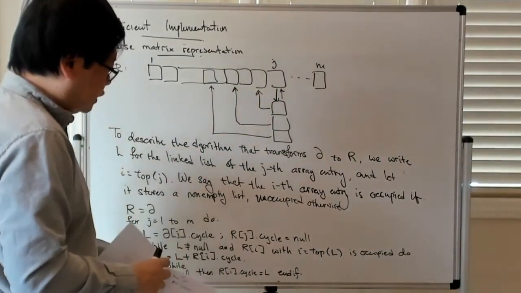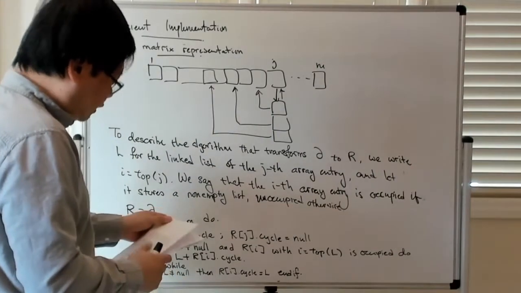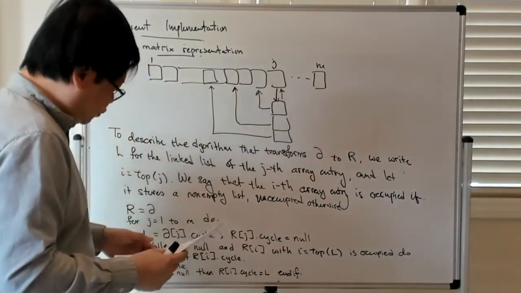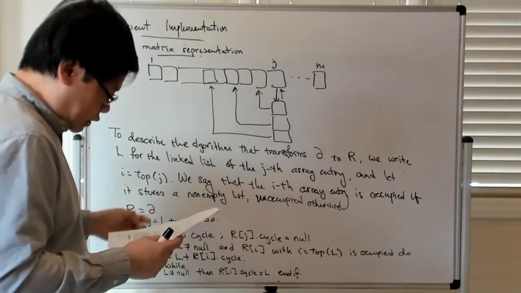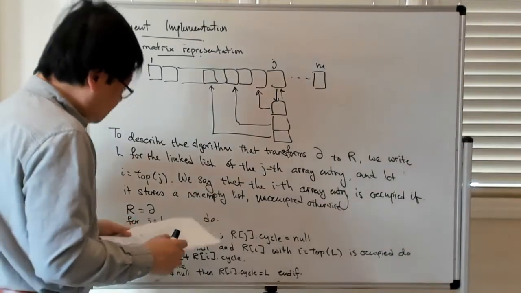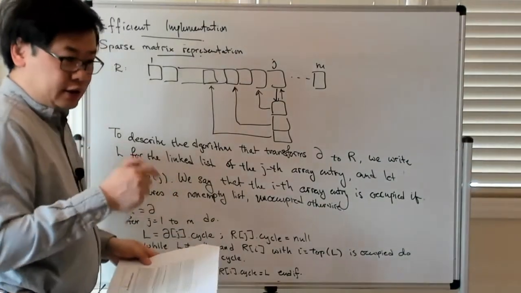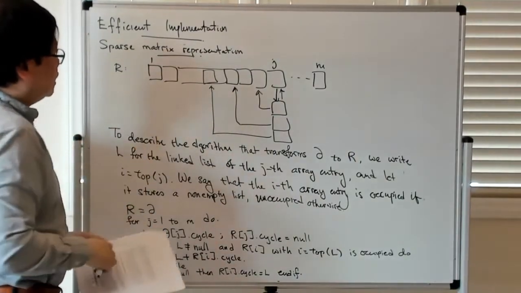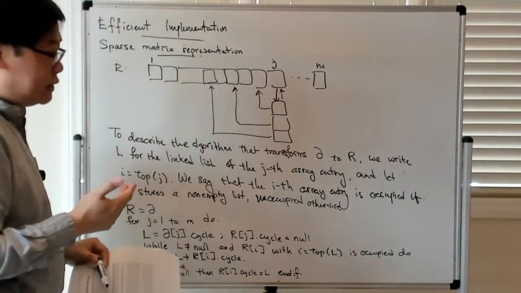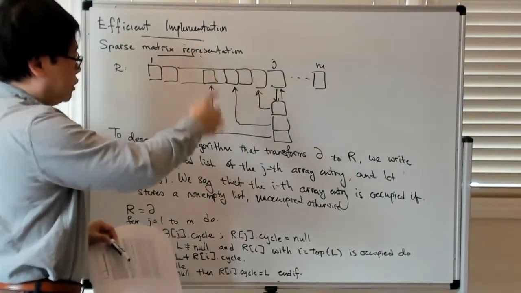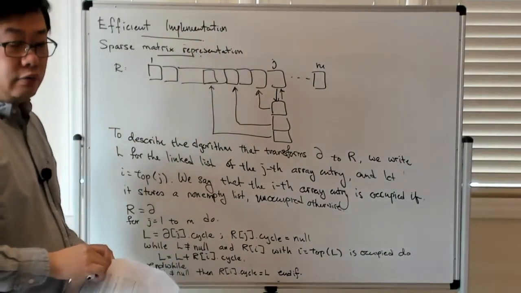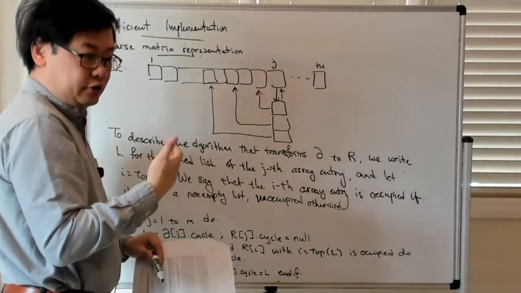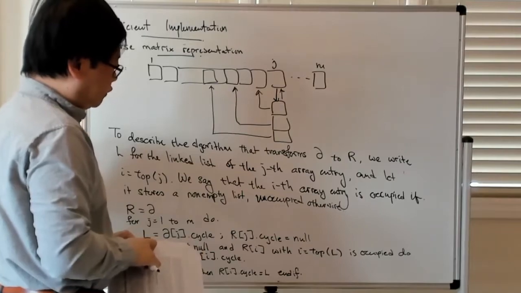If you recall, there's a slight difference in the interpretation of what you end up getting with R. In this sparse representation, normally you would expect the entries of R to be nothing more than encoding the columns of the reduced matrix R in our previous algorithm.